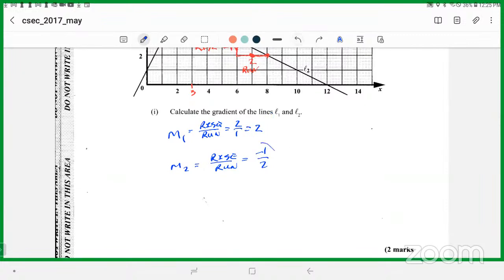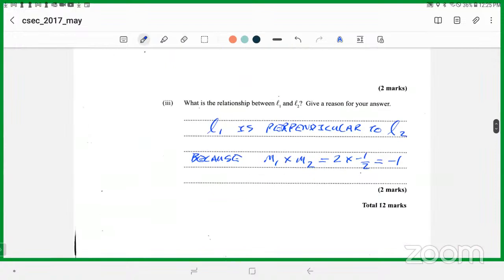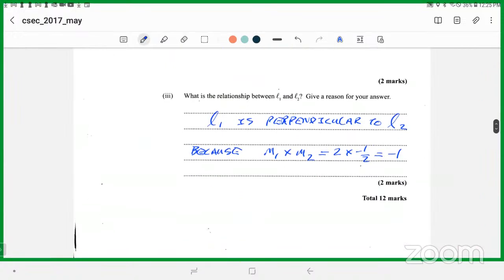If you flip the minus a half and change the sign, you get the 2. But to show that 2 lines are perpendicular, you can also multiply the 2 gradients and it must be equal to negative 1, which is what we did down here as our way of showing the relationship between them. They are perpendicular.